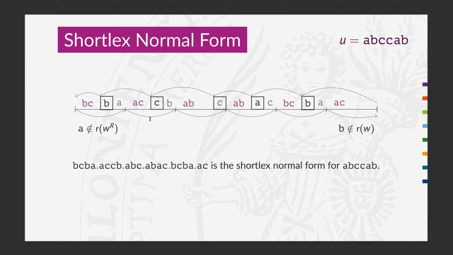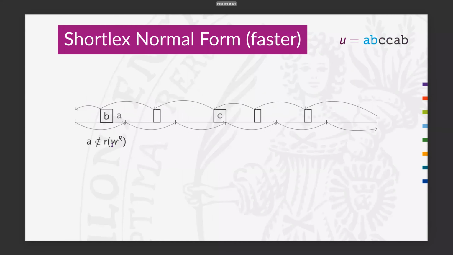And this is a short lex normal form because we ordered them here. It's the shortest form by the characterization we had. And since we assume an ordering on our alphabet, this is the shortest word and the lexicographically smallest. We can speed this up a little bit.